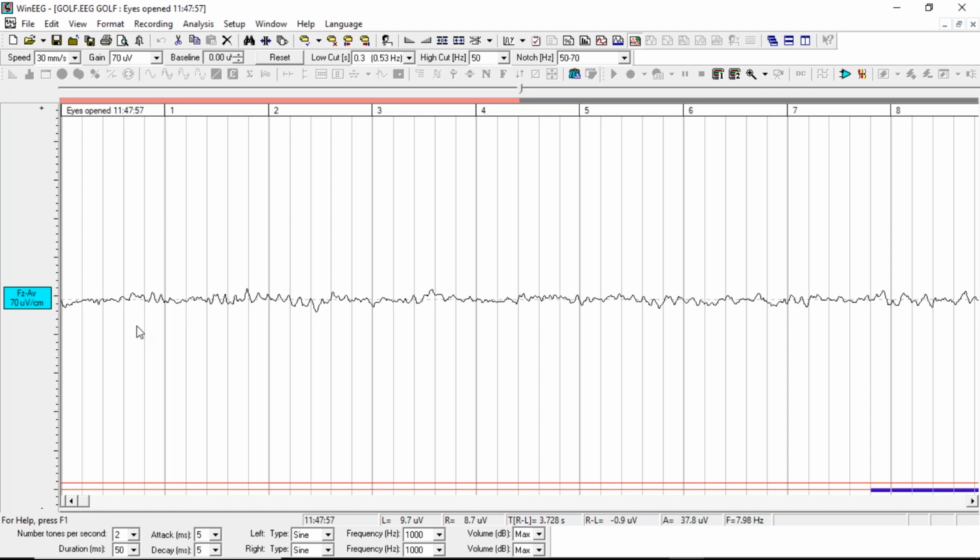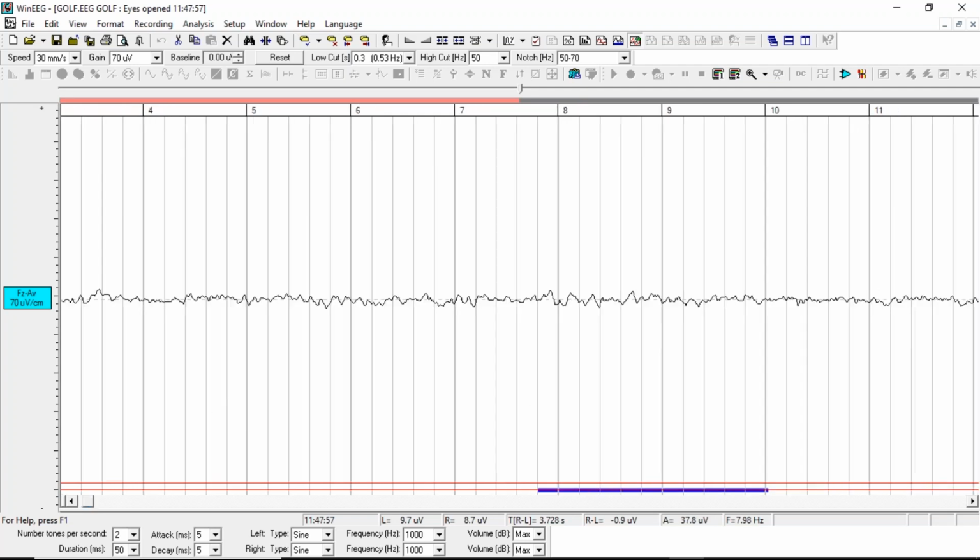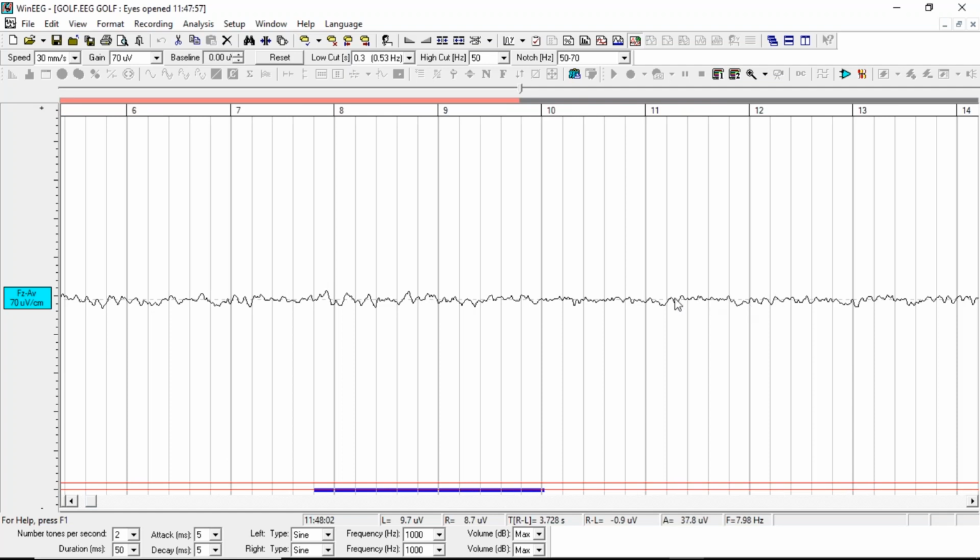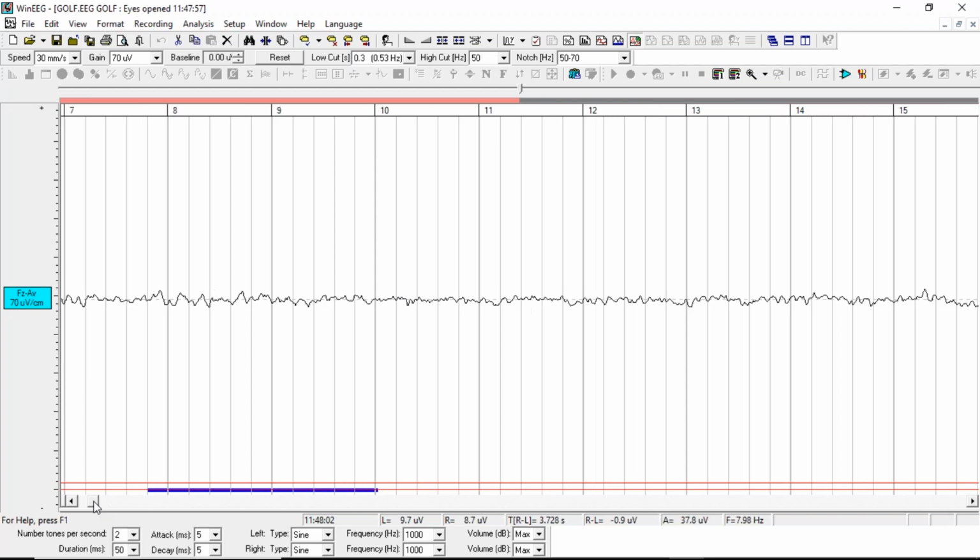As we can see, there's a slow, consistent brainwave pattern presenting itself, and then we also have some fast brainwave activity, which is located here. So we have some fast brainwave activity piggybacking on top of the slow brainwave activity.